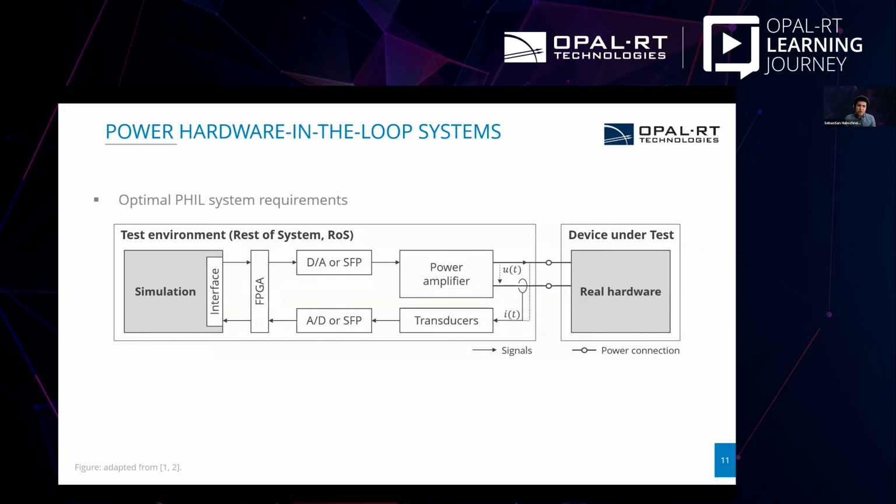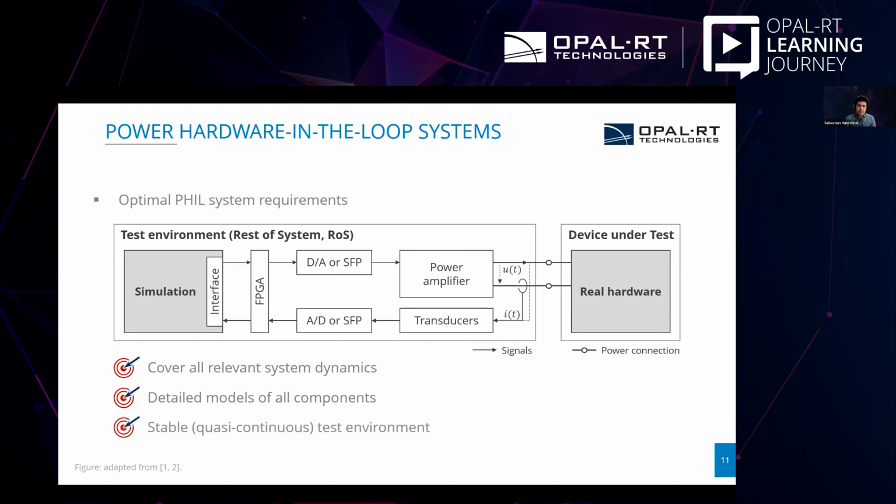Well, for the optimal PHIL system requirements, what do we want to achieve? An optimal PHIL system would cover all relevant system dynamics that are being present in the real system. Secondly, we require detailed models of all components that are relevant for the setup.